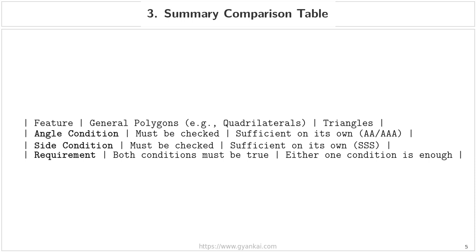For general polygons, both conditions, the angles and the sides, must be true simultaneously to claim similarity. But for triangles, the beauty of geometry is that either one single condition is enough to prove similarity. Keep this distinction in mind as we move into our next slide, where I'll show you how engineers actually use this shortcut in real-world structural design.